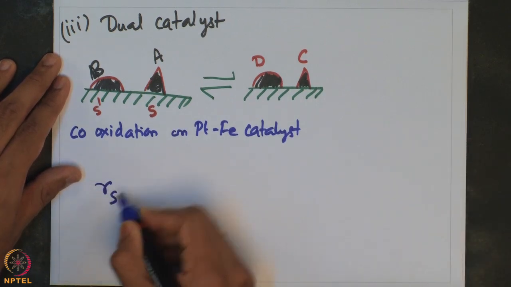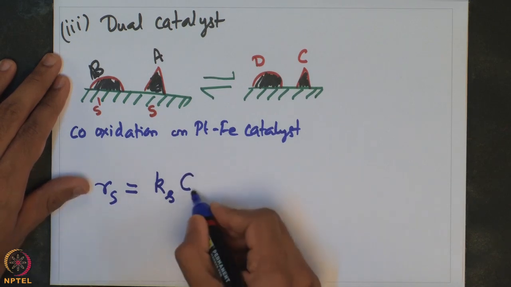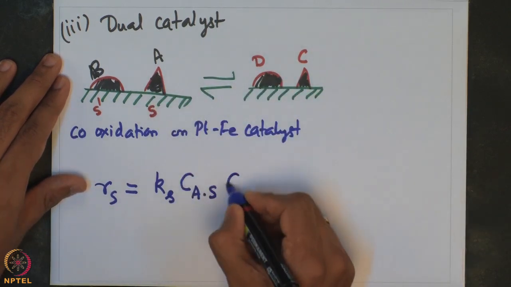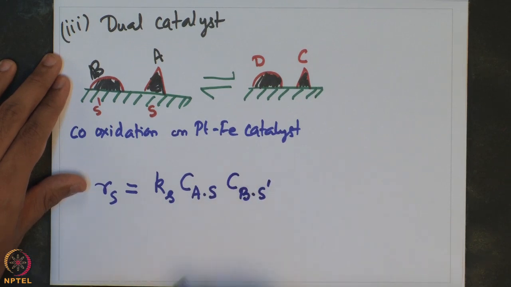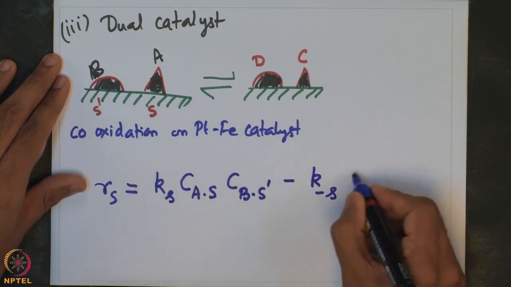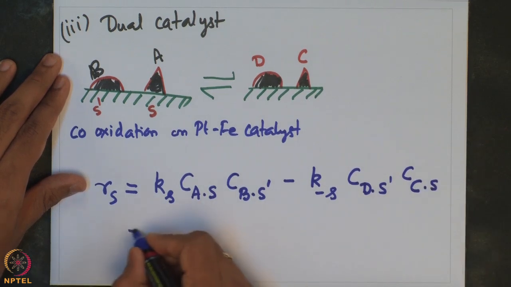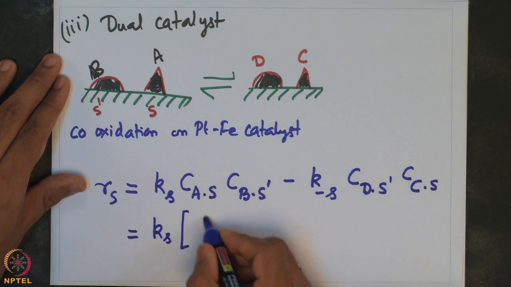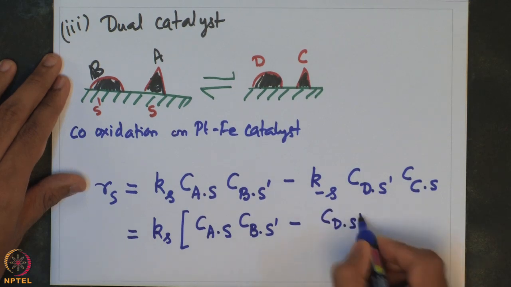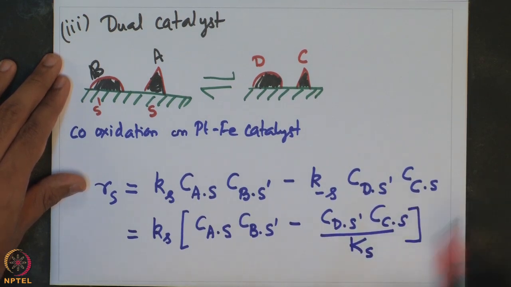So the rate of reaction is essentially given by the forward rate constant multiplied by the concentration of A, which is bound to the active site whose catalyst is of type S, multiplied by concentration of B, whose catalyst site is essentially of the type S prime, minus K minus S into C_D S prime into C_C S. So I can rewrite this as K_S into C_A S C_B S prime minus C_D S prime into C_C S divided by capital K_S, where K_S is the equilibrium constant.